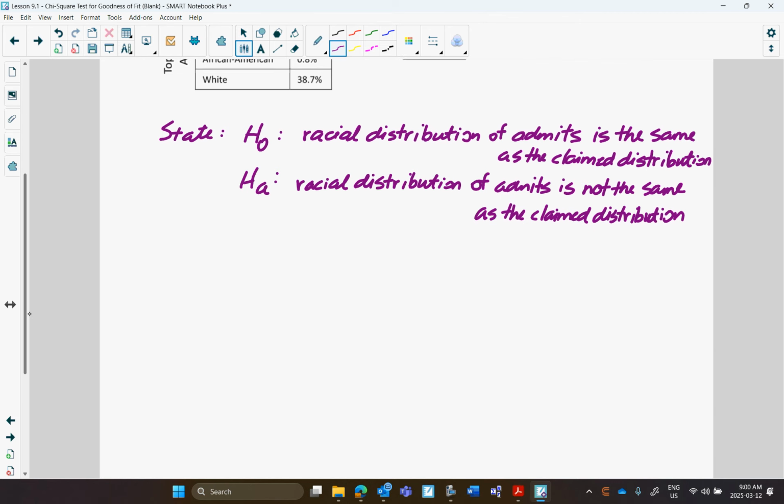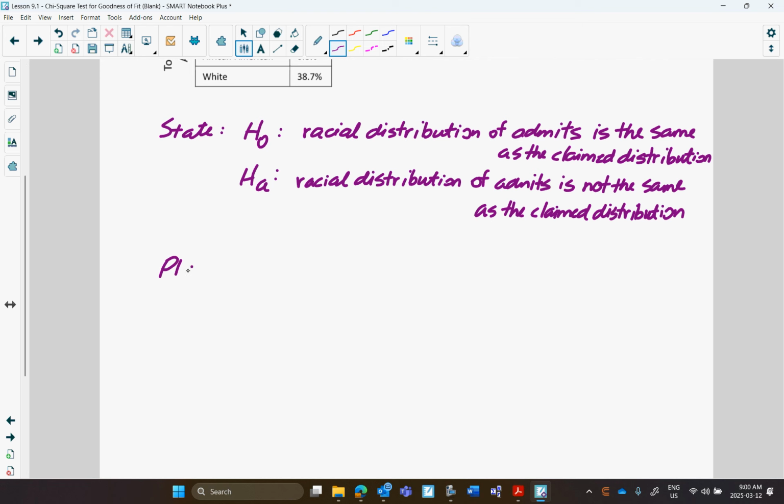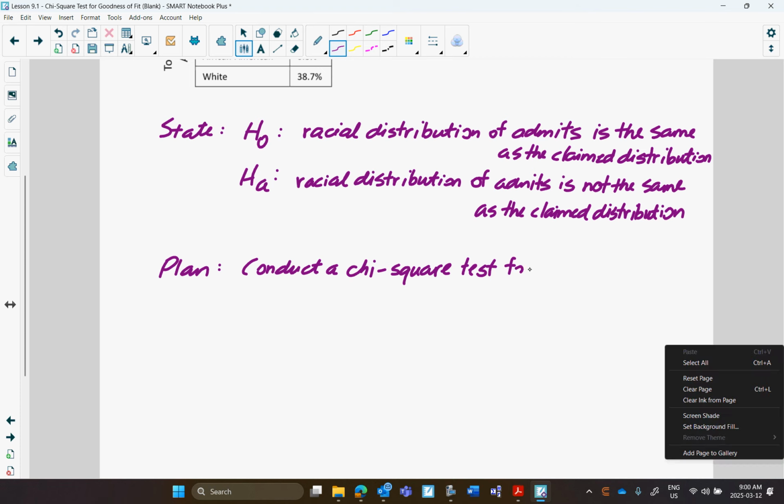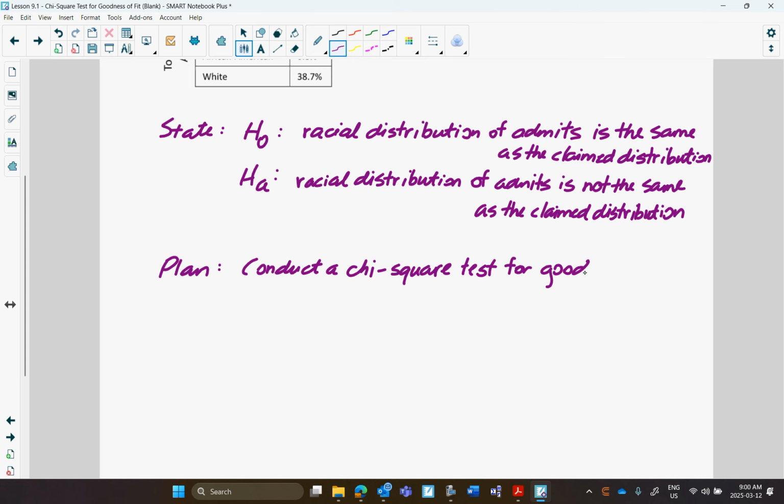The plan: conduct a chi-square test for goodness of fit. And then it's the same conditions, except one little change.